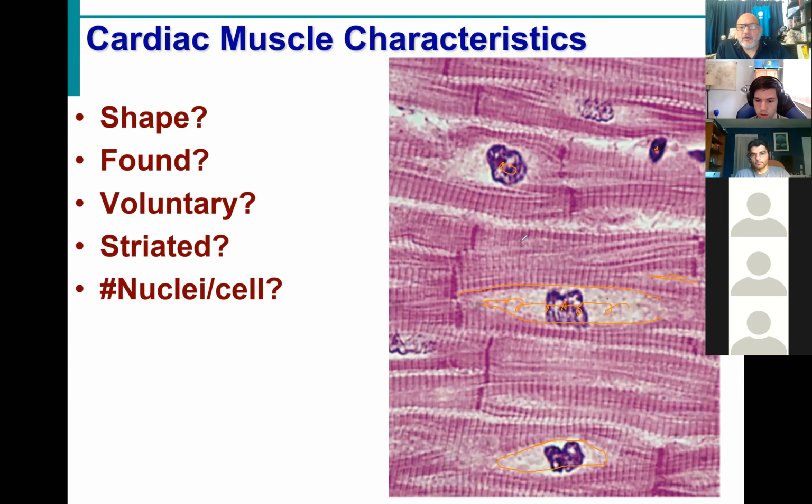Notice also, we can see that it is striated like we talked about. But notice one other thing as well. There are the striations, but notice also there are these much darker lines. These darker lines are actually what are known as the intercalated discs.